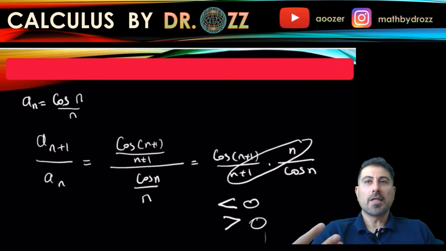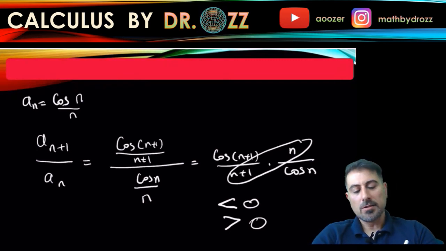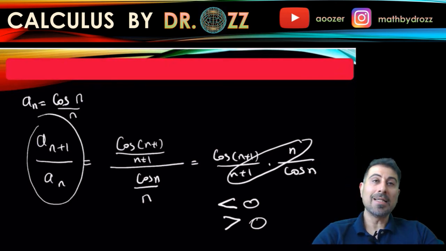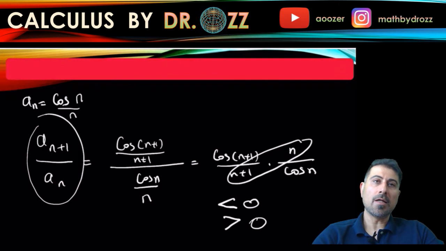For certain n values I'm going to show a table of sample values, but you can also try it with your calculator. There's no good pattern of this ratio being less than 1 or greater than 1, and in the meantime it is not always positive.